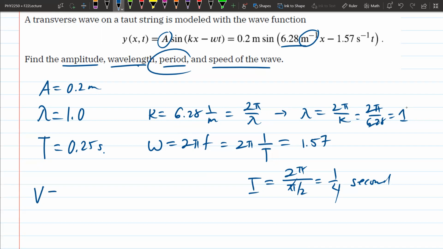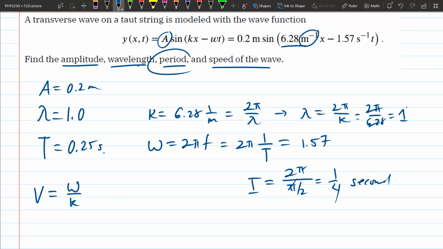All right. What about speed? Which two variables do I need to calculate what speed is? The speed of the wave is always what? The easy equation, or you give me the harder one. What is the speed of the wave? Omega over k. So that's the one with the fraction.